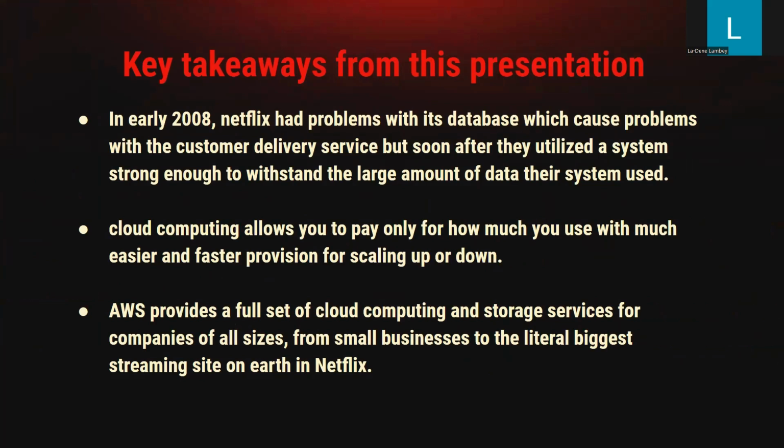AWS also allows clients to pay for only the computing power that they use, which allows them to both save money and scale with demand. The last pointer is that AWS provides a full set of cloud computing and storage services for companies of all sizes, from small businesses to the biggest streaming site on earth, Netflix.